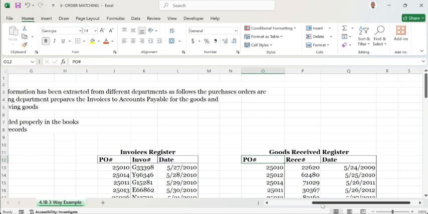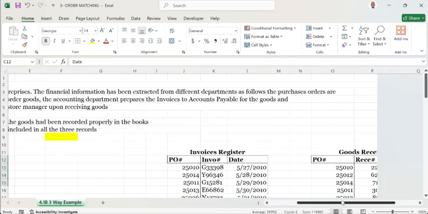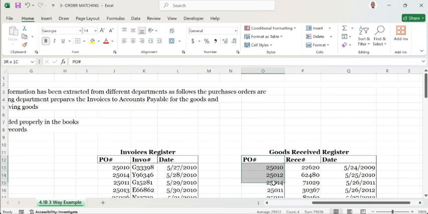Three-way order matching means we are using three documents. One is the purchase order register. Two is the invoice register. Three is the goods delivery note. I will try to explain what all of them mean.